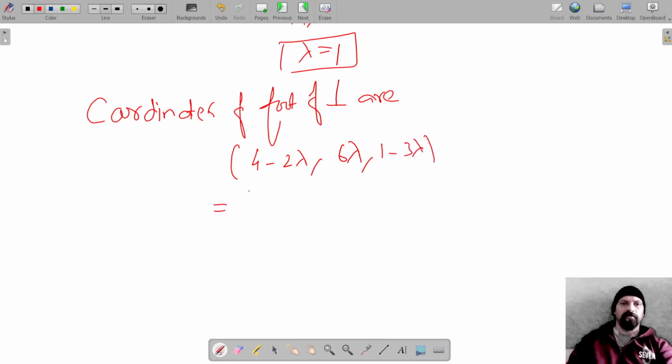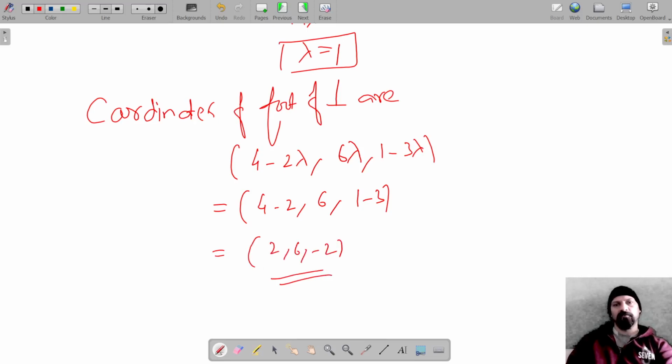With lambda equal to 1, that is 4 minus 2, 6, and 1 minus 3, which gives me 2, 6, and -2. So (2, 6, -2) are the coordinates of the foot of the perpendicular.